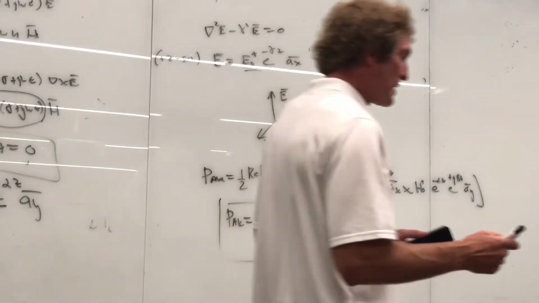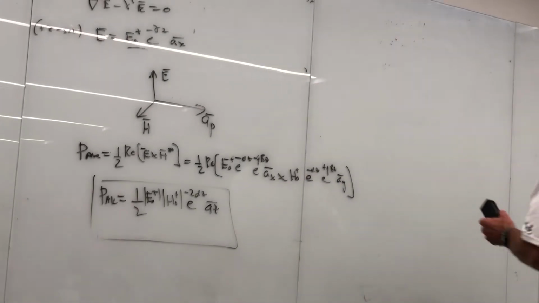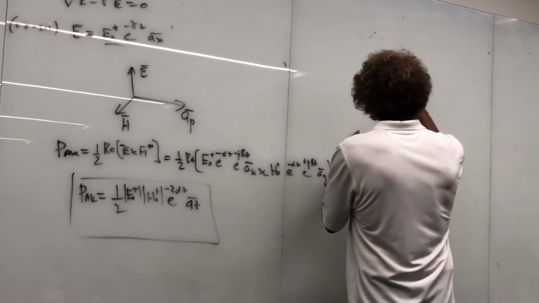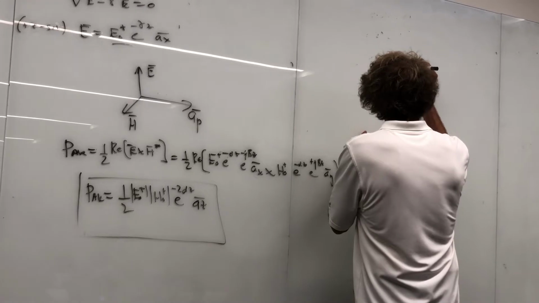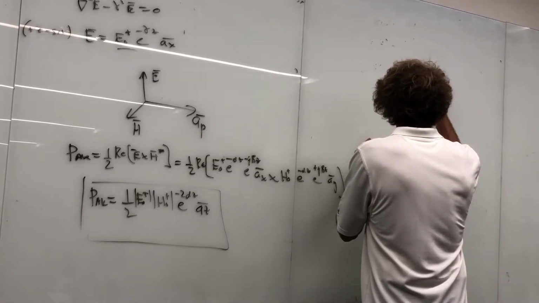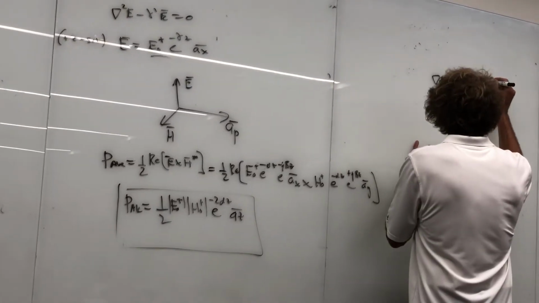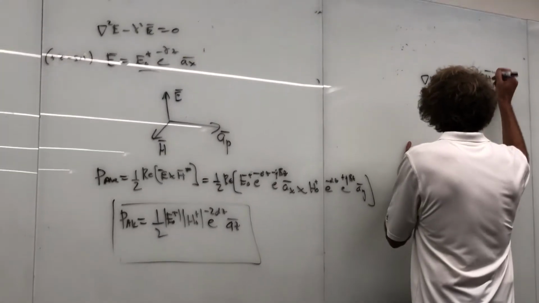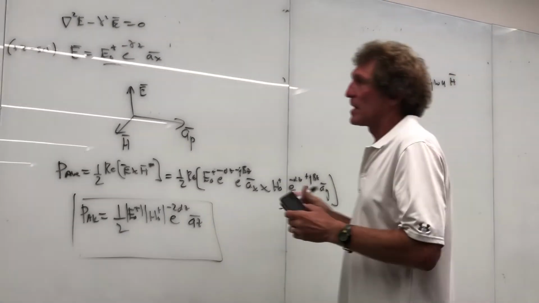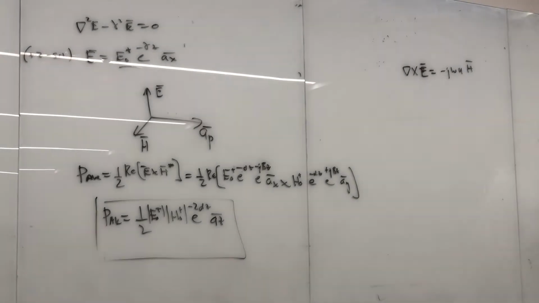So when we take a look at the relationship between E and H, I have the curl of E is equal to minus j omega mu H. Well, I can do this kind of quick, but you know, the curl of E is what?